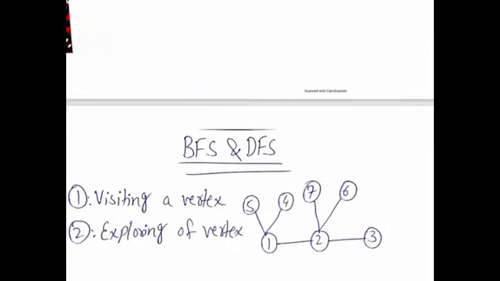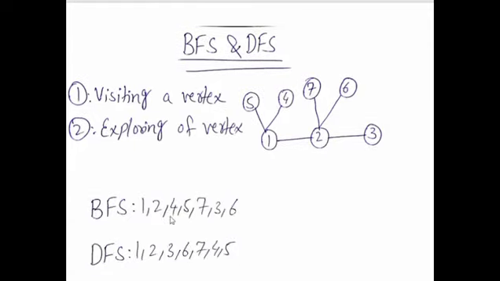Now we will understand the depth first search. Like in the same approach in the depth first search, you can start from any vertex unless you are asked or given any condition in the question. So I am starting from the vertex 1. What are the adjacent vertices to 1?